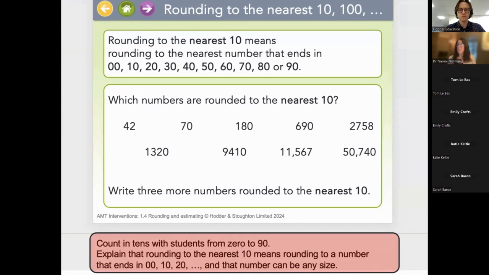And this last part is key as it addresses a common cause of confusion and misconception, that only a two-digit number, a number with tens and ones, can be rounded to the nearest 10. And I'm sure you will have noticed that so often students get stuck when given a three-digit or four-digit number and asked to round to the nearest 10.